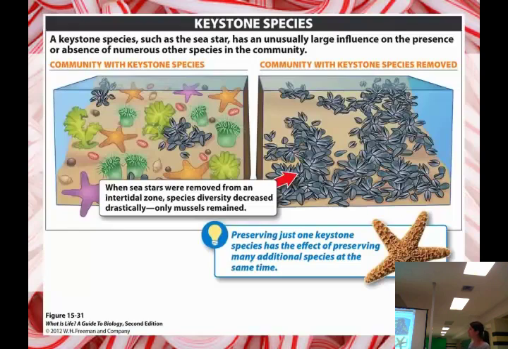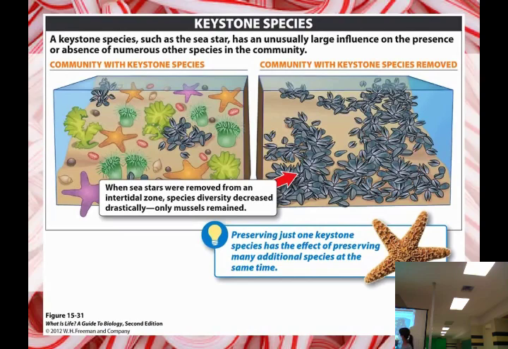For example, here we have a keystone species, like what I talked about with the sea stars in ocean ecosystems. A keystone species, like the sea star, has an unusually large influence on the presence or absence of other species in the community.